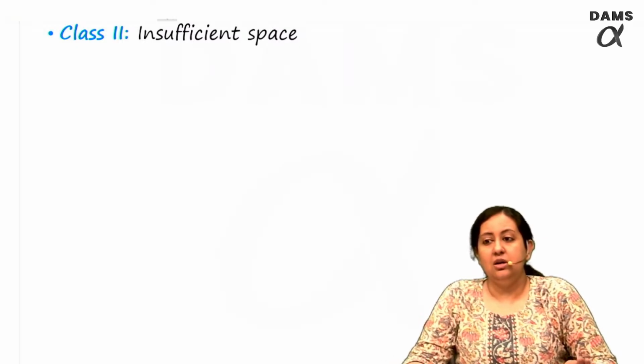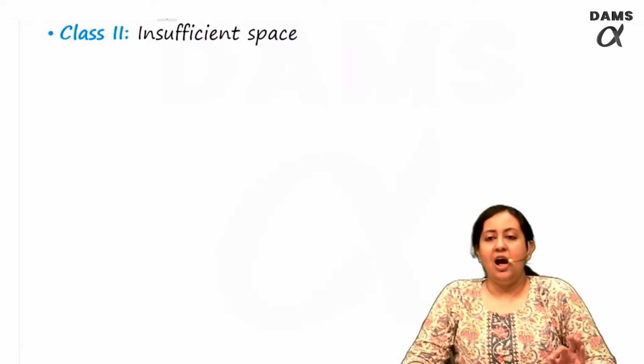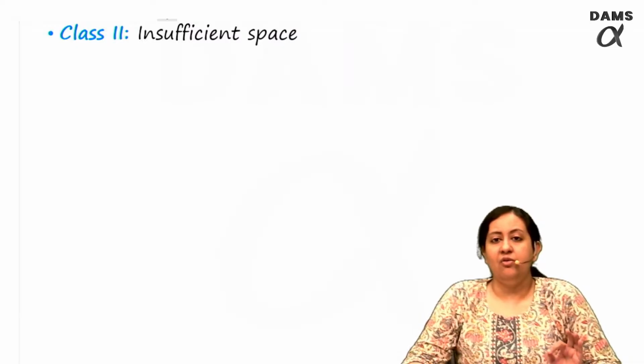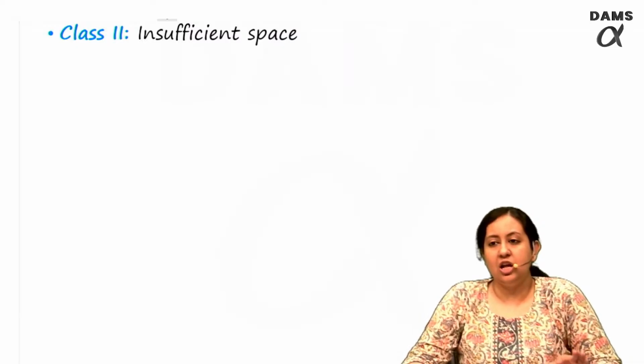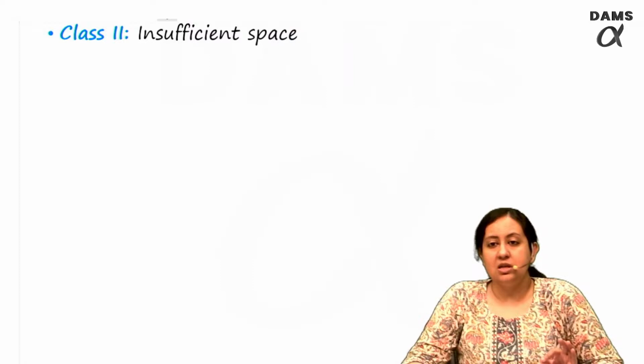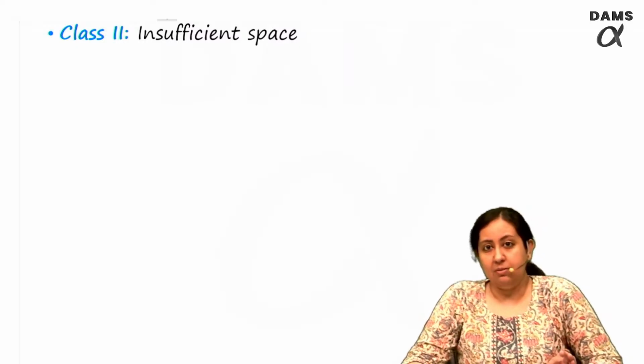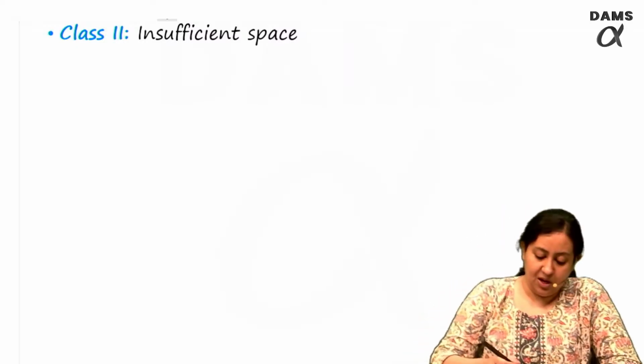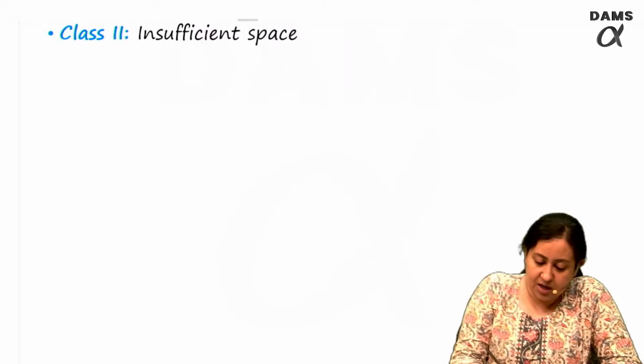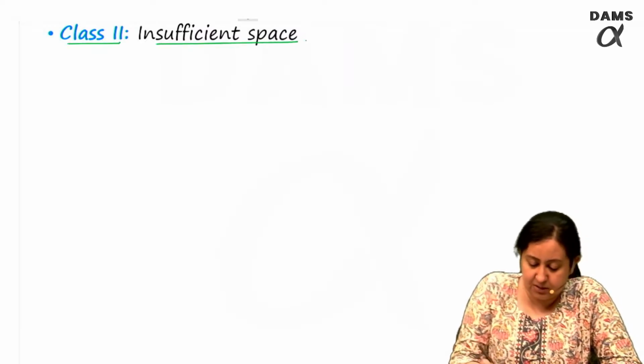Please try to remember as many things as possible with the help of diagrams, charts or tables. Your recall becomes easier, your retention becomes easier, and you have to put in less effort to memorize. Now let's see class 2, which is your insufficient space.